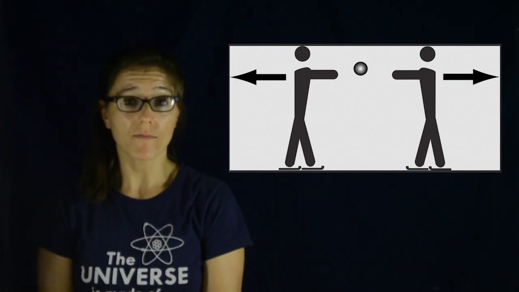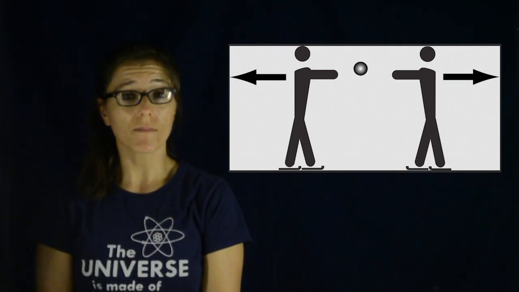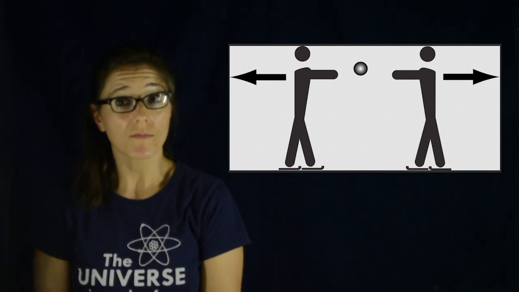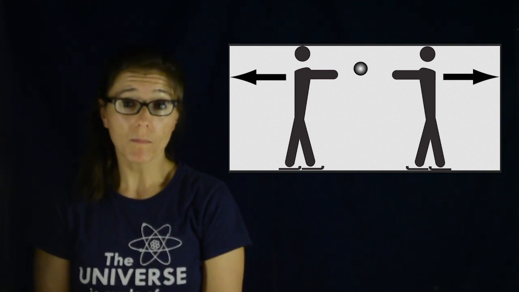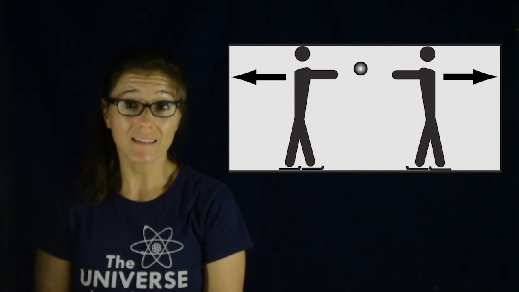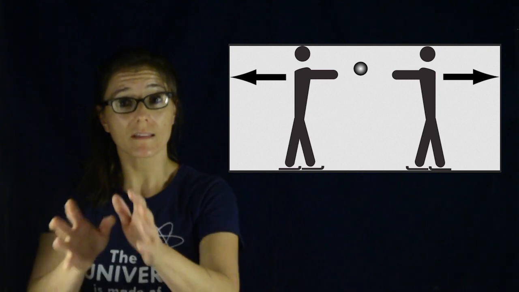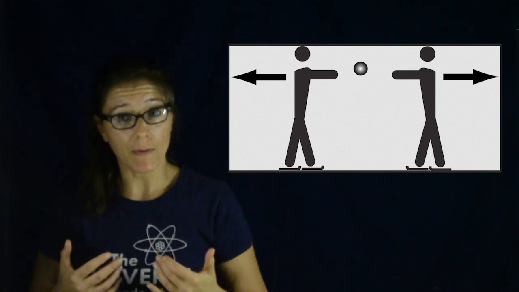A good way to think about force carriers and bosons is to think of them as messenger particles between particles in a field. So if you can picture two people on ice skates tossing a ball back and forth, as one person tosses the heavy ball, they skate backwards.